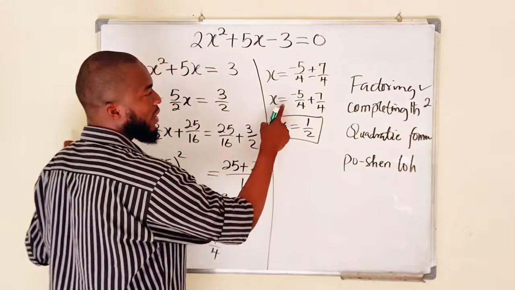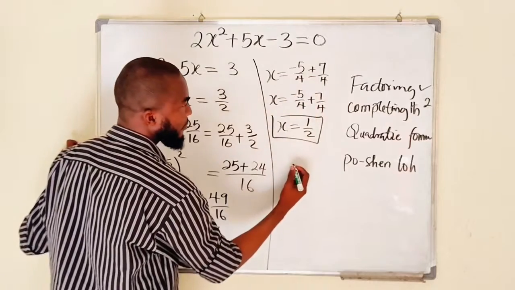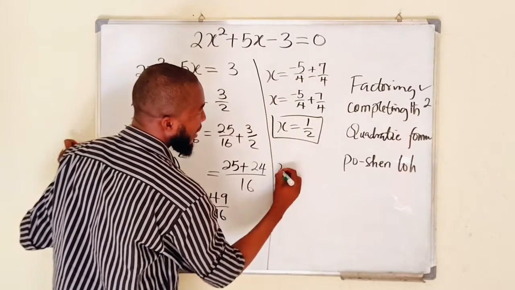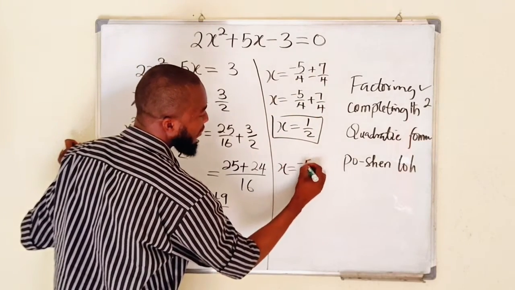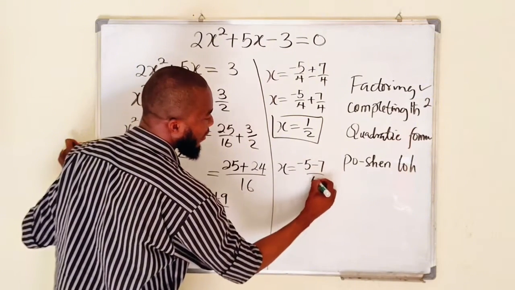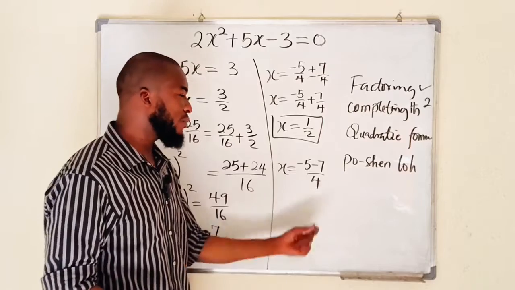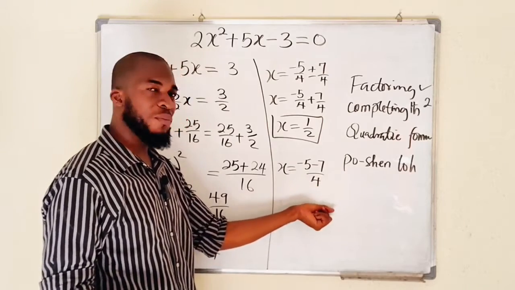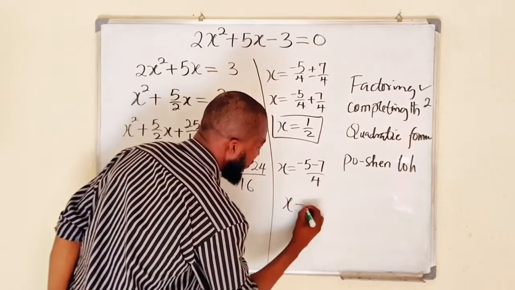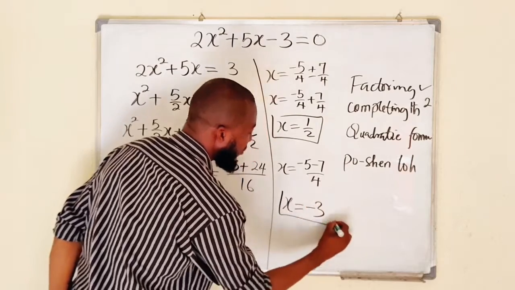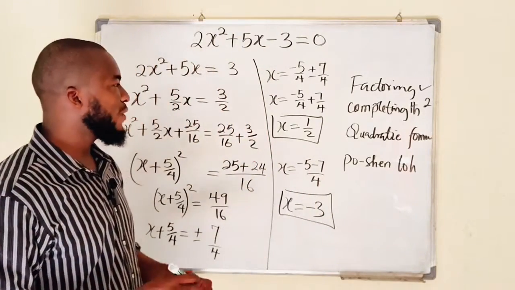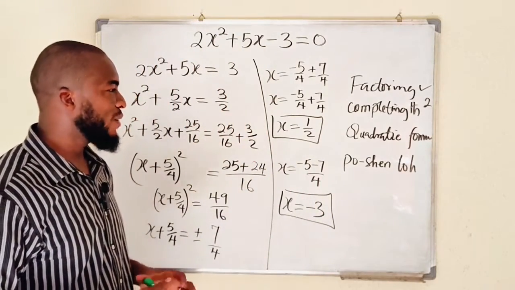Then you use the minus sign. We have x equal to minus 5 minus 7 over 4. Minus 5 minus 7 is minus 12, and minus 12 divided by 4 is minus 3. So x equal to minus 3. The same solutions, right? All right, we are done with completing the square method.